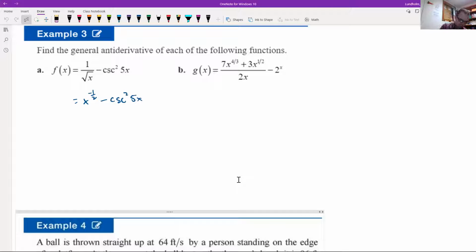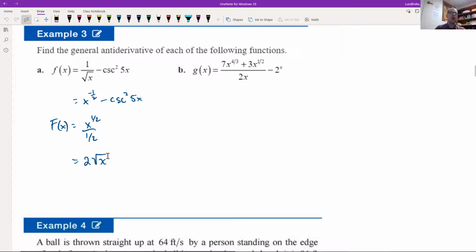So undoing the power rule means that we would be adding 1 to the exponent and then dividing by that exponent, which eventually would just give us 2 times, well, we could just write this as the square root of x. Which makes sense, right? Because this is 2 times the derivative of the square root of x. Normally there would be a 1 over 2 square root of x.